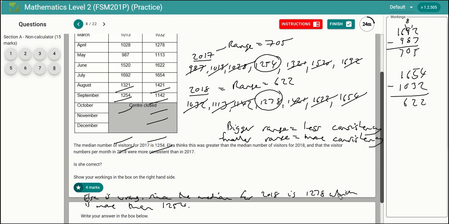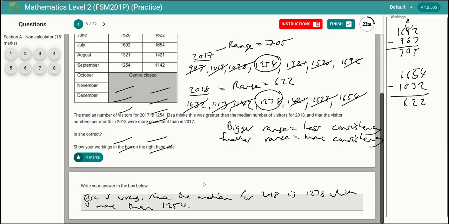So we've already made the comment on the median. Now we just need to check what Elsa thought. She says that the numbers in 2018 were more consistent. Okay, so more consistent means a smaller range, and we can see that the range is smaller for 2018, so we can say that she was correct on that part.